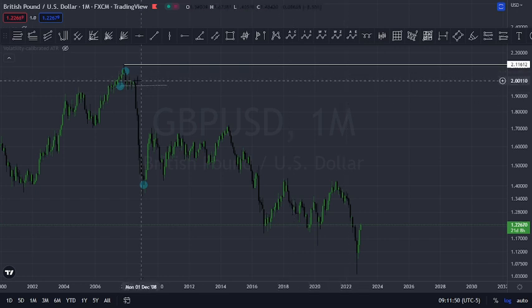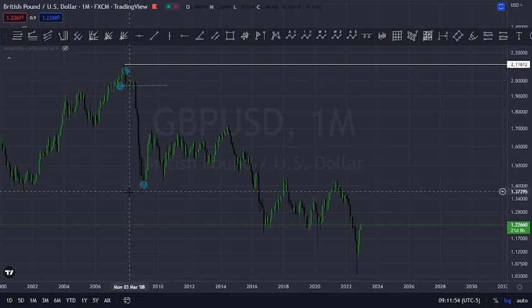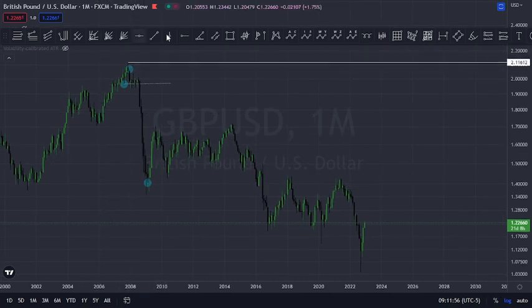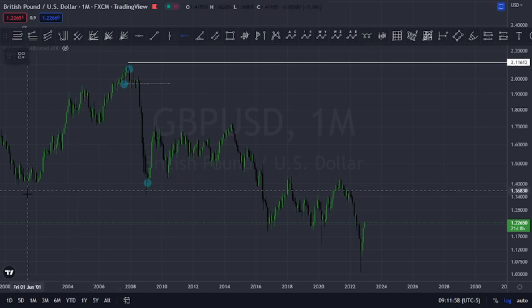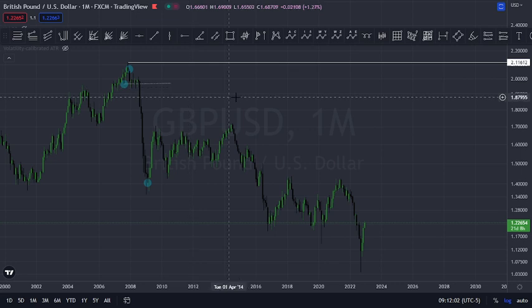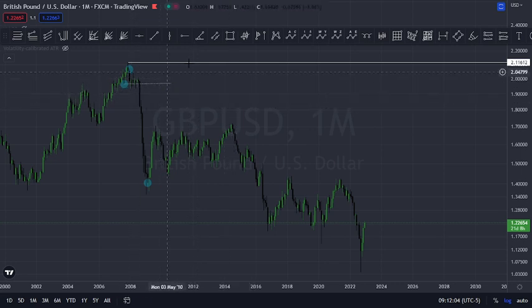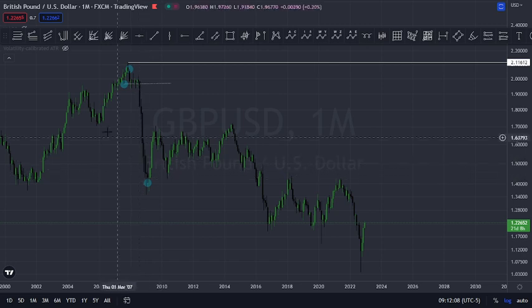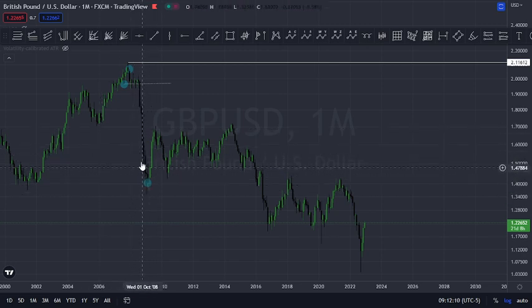The market was very sharp here, it dropped to take these lows, liquidity resting here.